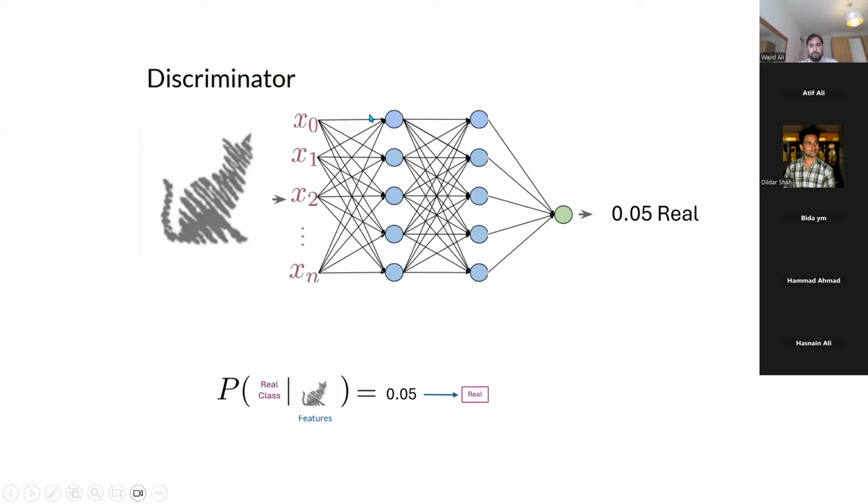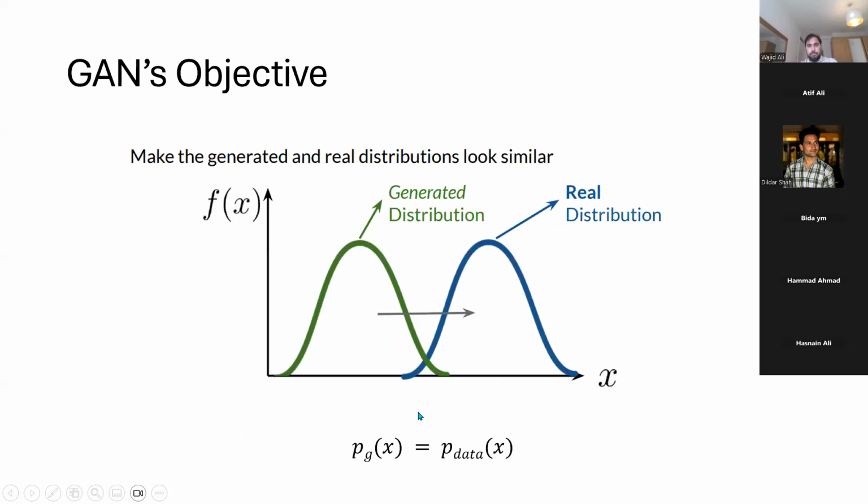They go into this neural network, and it gives us an output that the probability of this image being real is 0.05. All the discriminator is doing here is computing the probability of the real class given these features. If this was an actual image, the value would be quite high, but this is a fake one, which is why its value is low.